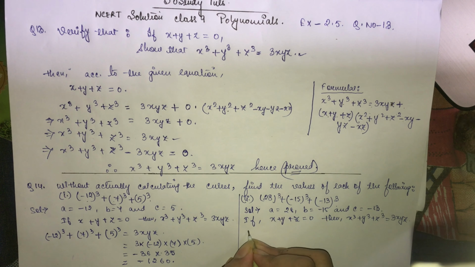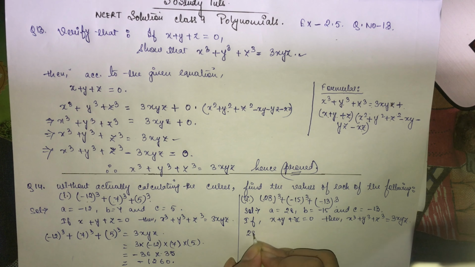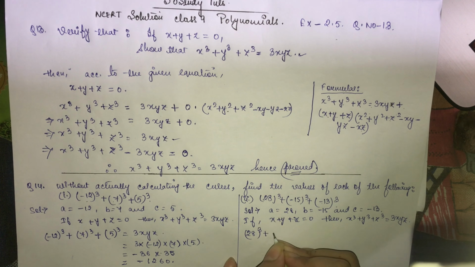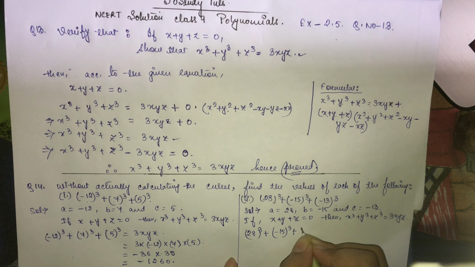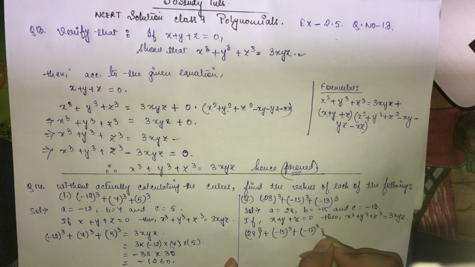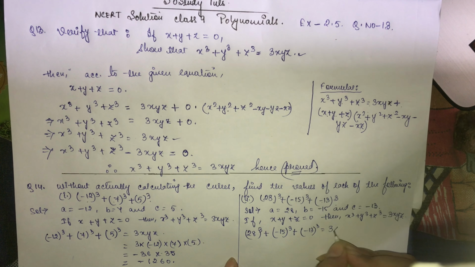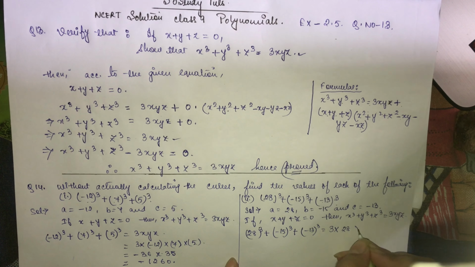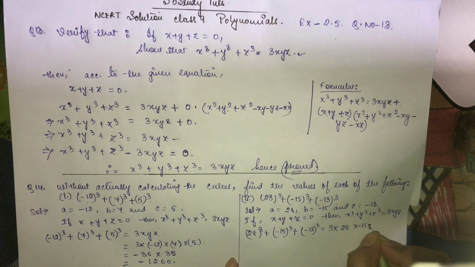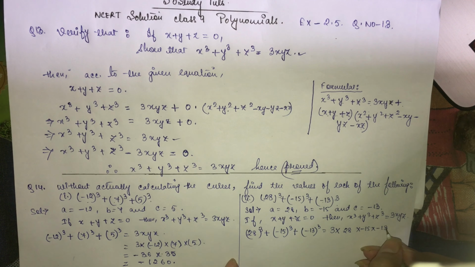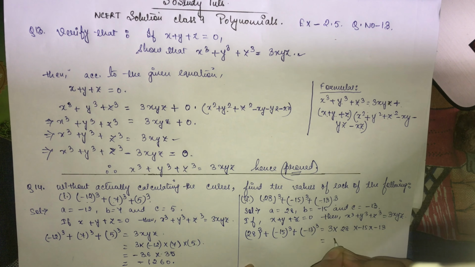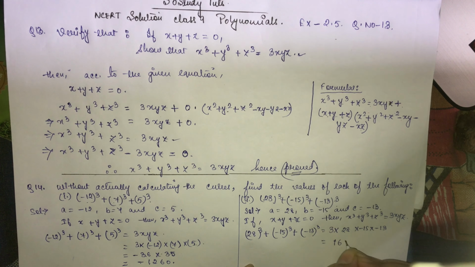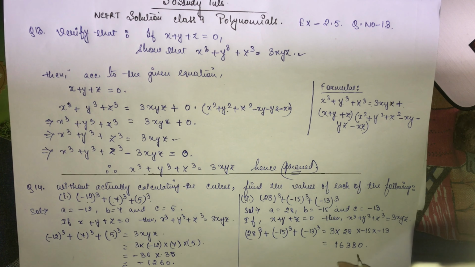So in place of x I will write 28 cube, y is minus 15 cube and z is minus 13 cube equals 3 into x into y into z. 3 into 28 into minus 15 into minus 13, and this gives me a result of 16380.